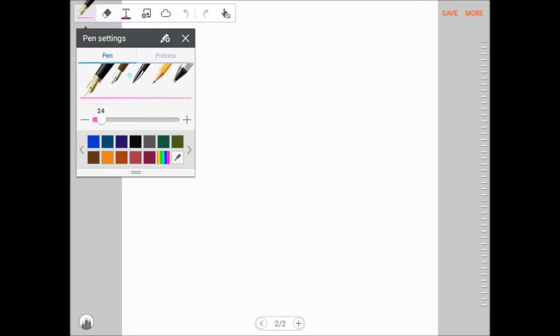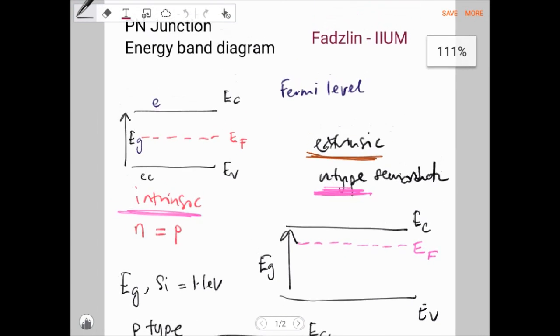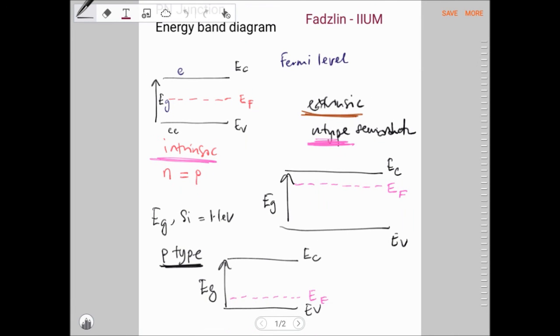Now we know that what we have done here is all for individual materials. There is no PN junction yet. It's just one intrinsic, one N-type, and one P-type. It's all individual.